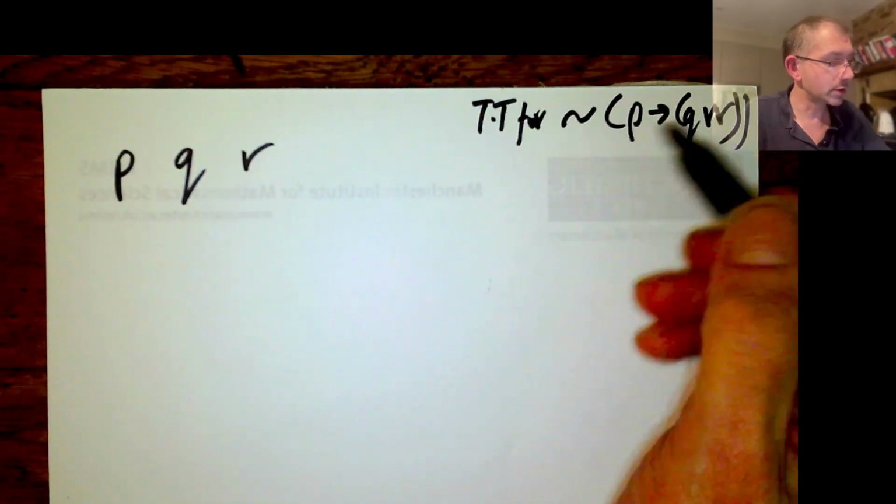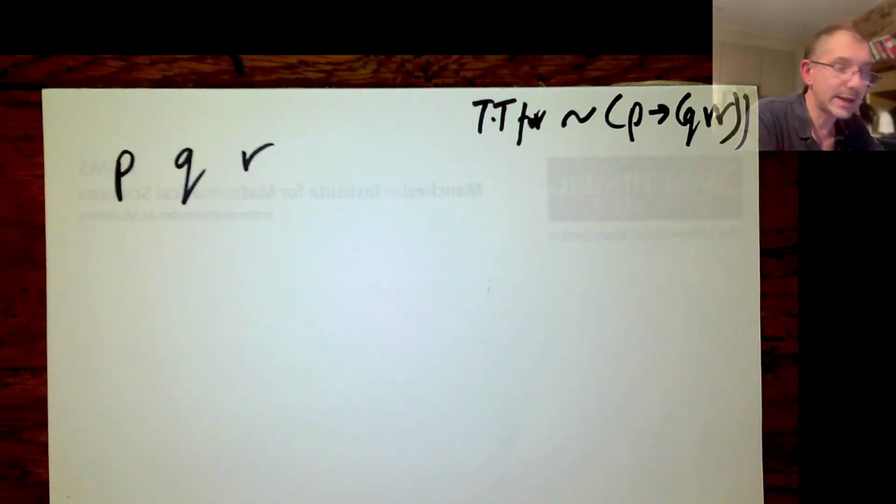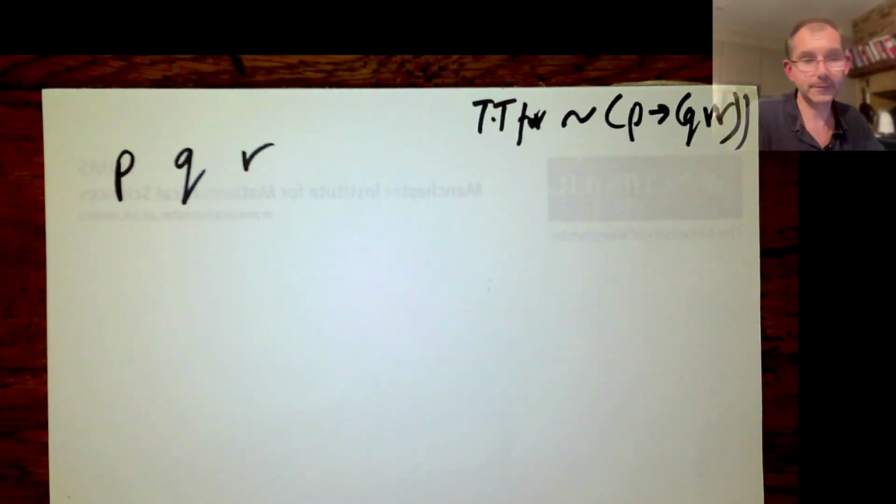So not of P implies Q or R. You might think that this is so complex you would never say it in real life, but you will actually find that it's the sort of thing that you would do.